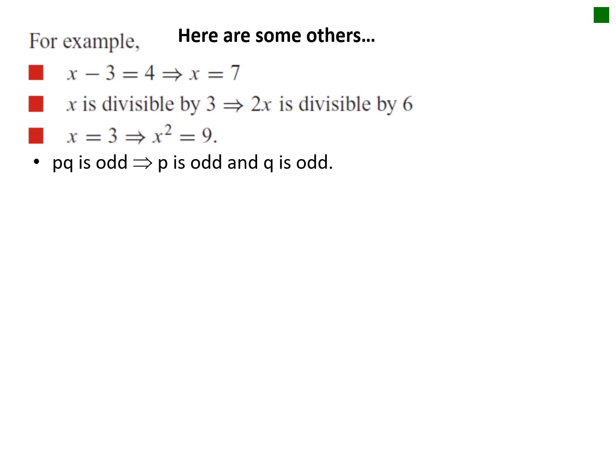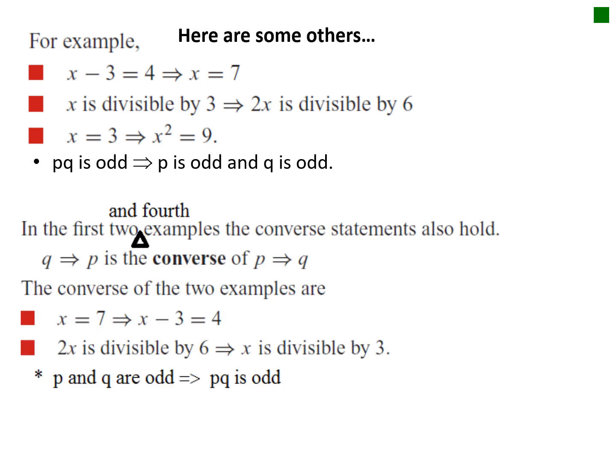Okay. Now, something you might have picked up on is the third example is different from the other three. In the first two and the fourth examples, what we can say is the converse is true. That is, if x is equal to 7, then x minus 3 is indeed equal to 4, looking at the first example. So what we've done is changed the order.